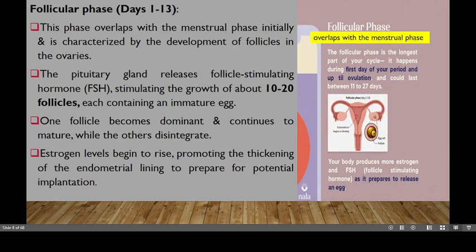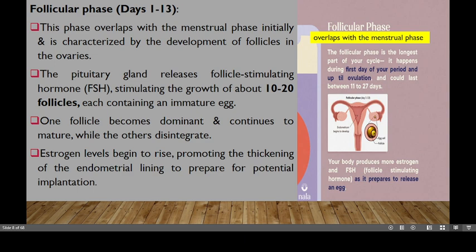That takes us to the second phase, which is the follicular phase. This phase, of course, overlaps with the menstrual phase initially, so we can say it also starts on day one, right? This phase is characterized by the development of the follicles in the ovaries. In the menstrual phase, we had low levels of estrogen and progesterone.